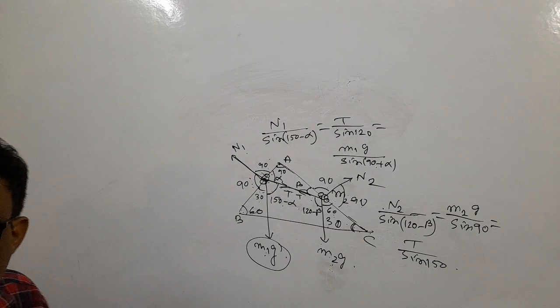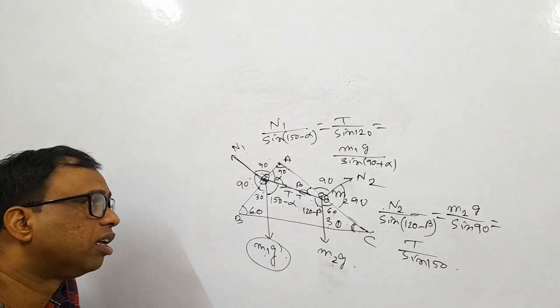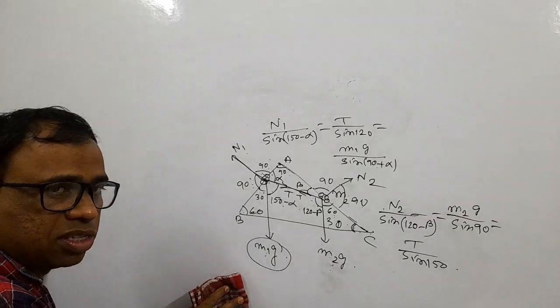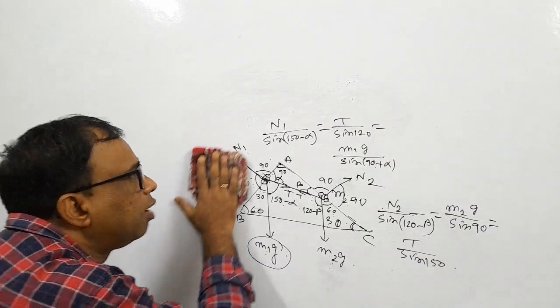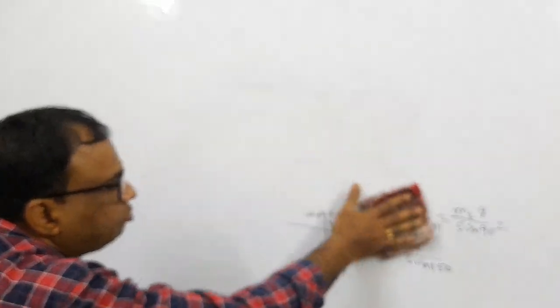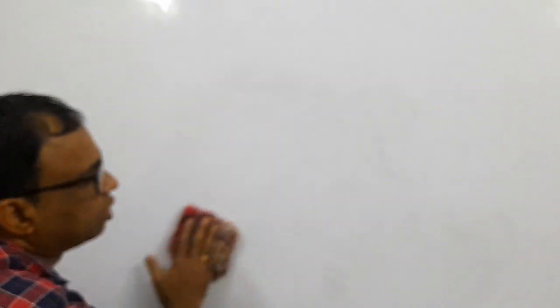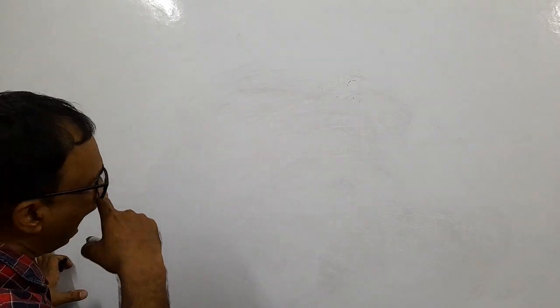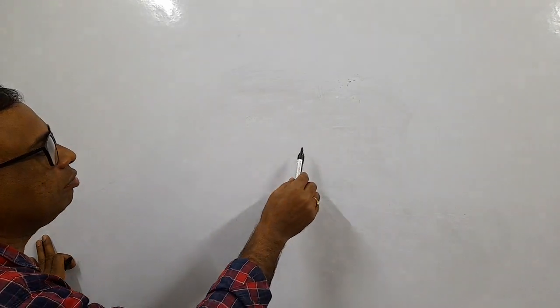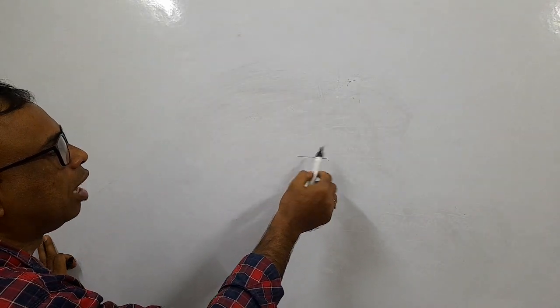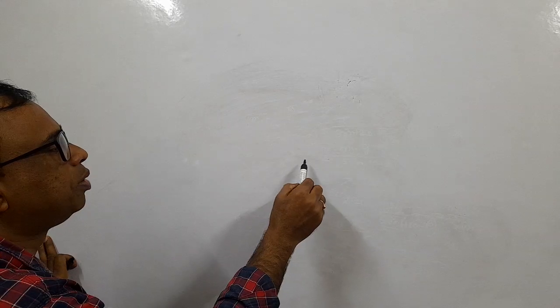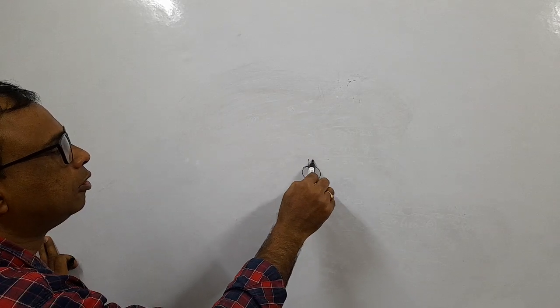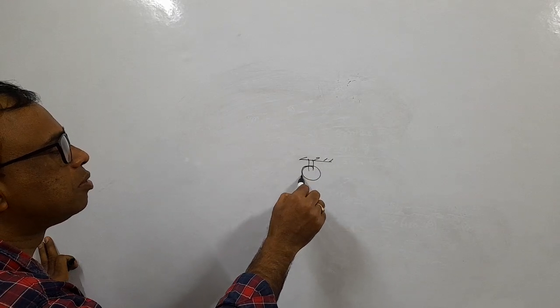I will give you two examples. Now the third concept: you can apply Lami's theorem to any type of problem. Our third concept in equilibrium is the tension pulley concept.